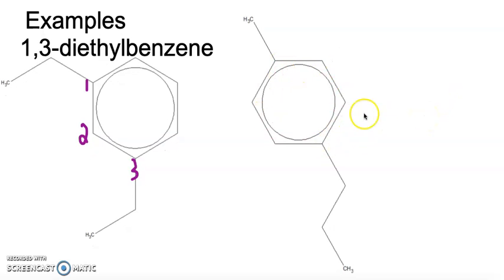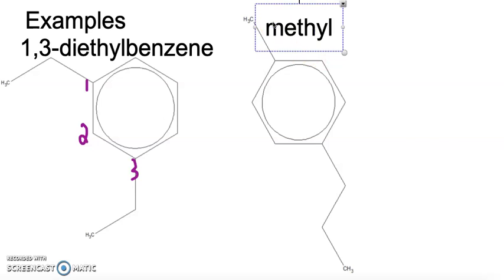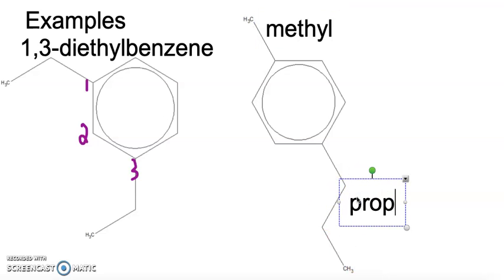Okay, now we look at this one. So again, same deal. It's still going to be benzene because this is only 1, 2, 3 carbons, and this is only 1. Okay, so if we think about what these guys are called, this is a methyl group. Because this one has 1, 2, 3, it is a propyl group.